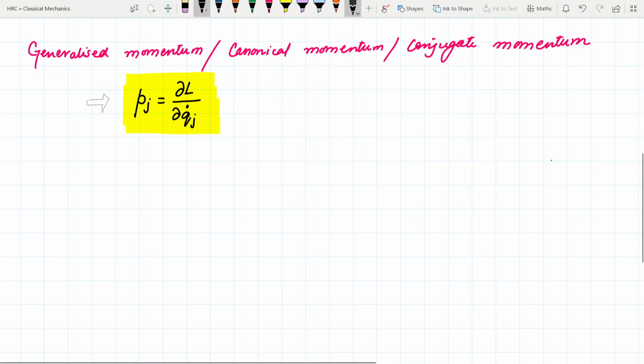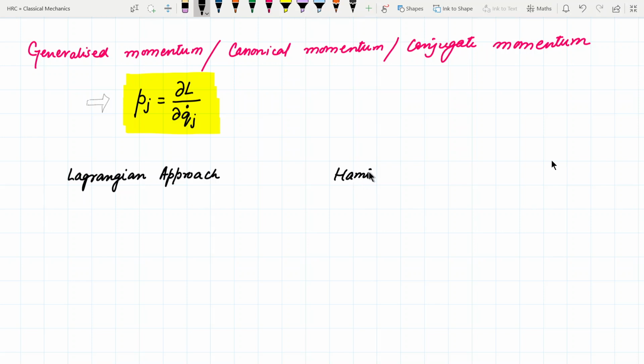So in short, the Lagrangian approach involves functions that are defined with respect to generalized coordinates, generalized velocities and time, and you make a transition to quantities defined with respect to generalized coordinates, generalized momentum and time.